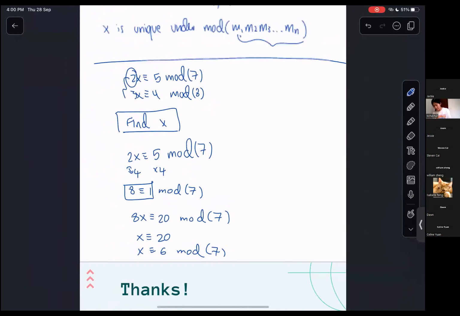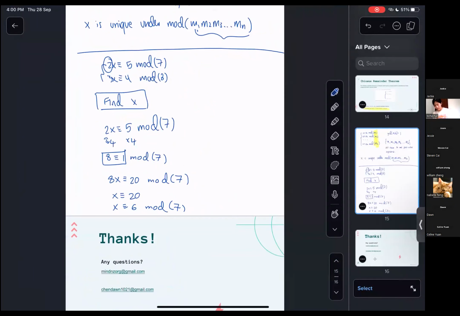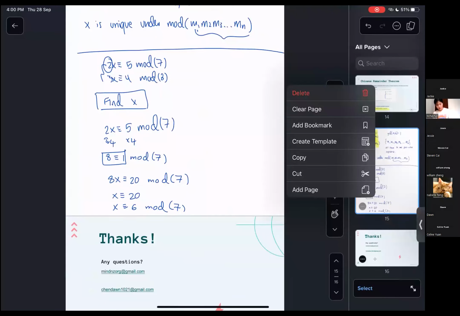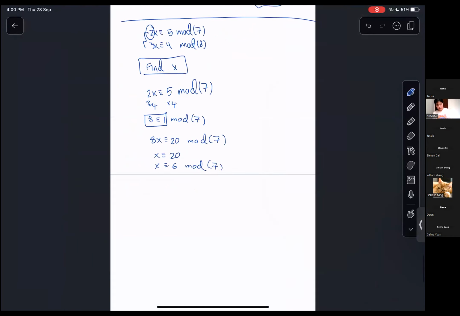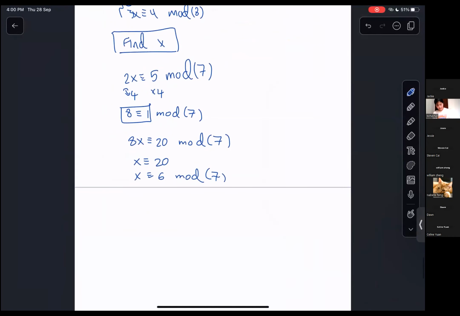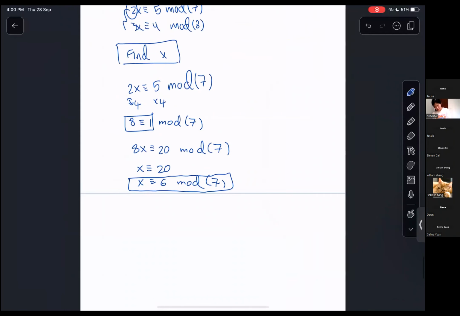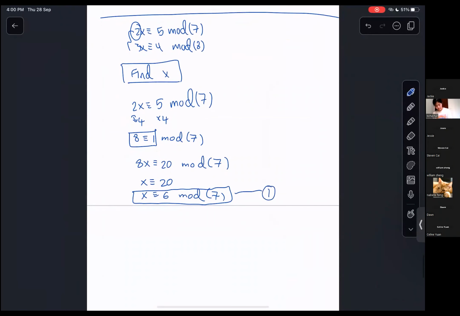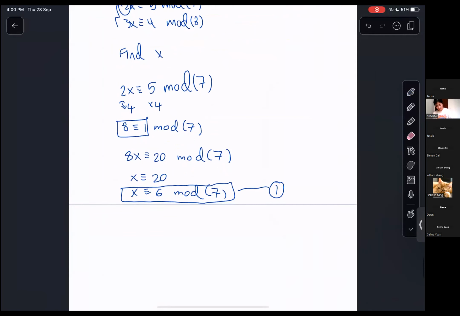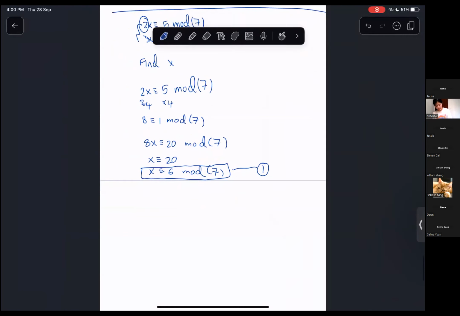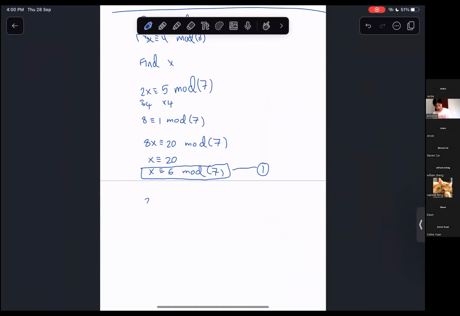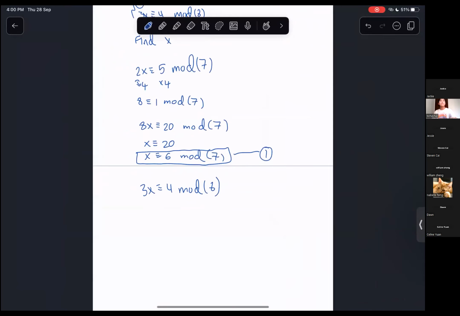I'll go a little bit faster, but we can talk about it afterwards, right? So we get something like this, and this is a lot better than what we had before. And then let's consider our second equation. How can we simplify this now?